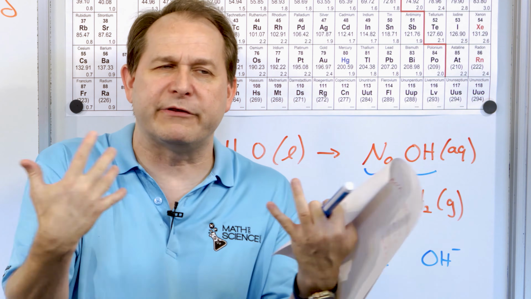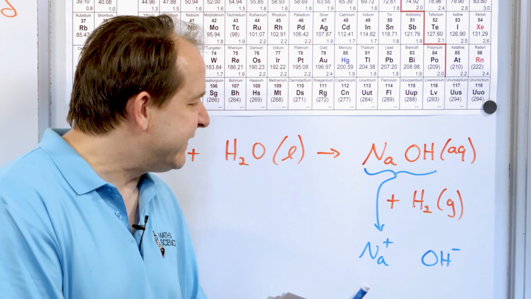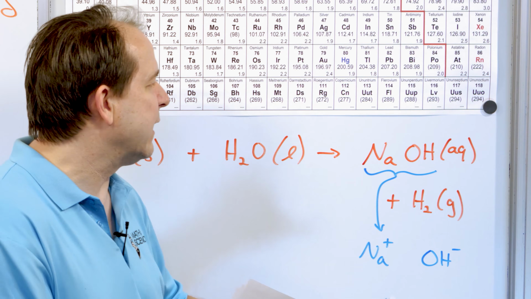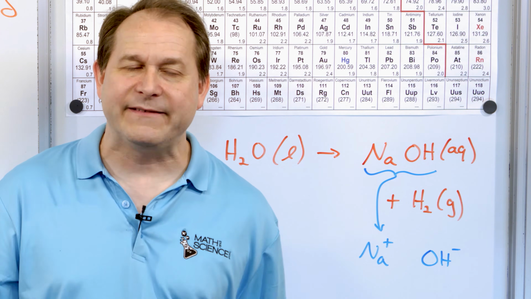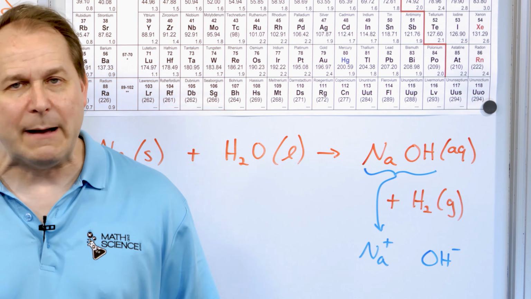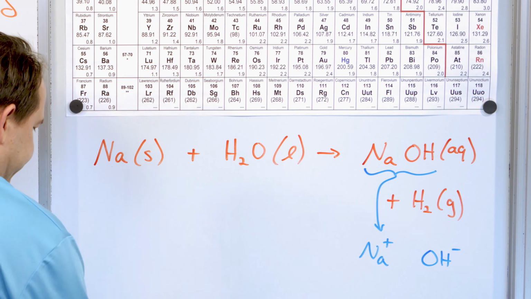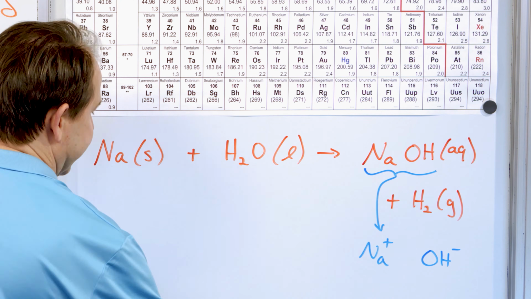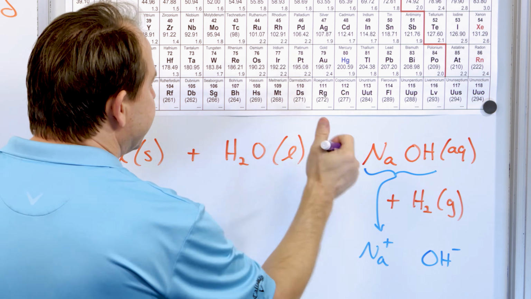I mean, they're bumping into each other, they're bonding temporarily, and then they're coming back apart again. So they exist as sodium ions in solution and hydroxide. Sodium hydroxide, that's called a base, which is opposite of an acid. You heard of acids? Well, this is a base, opposite of an acid. There. So, I don't want anybody to yell at me, so we need to balance this reaction, right? We have one sodium, that's good.